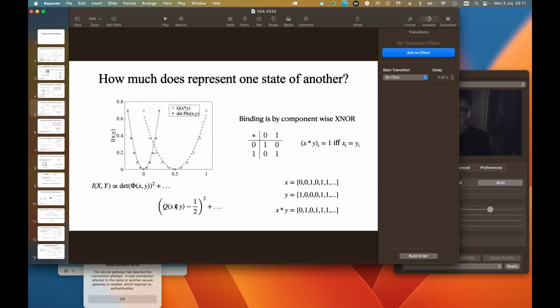Because this Q here, you can also write as the Hamming distance between x and y minus 1/2. This is precisely the same. Therefore, the mutual information between x and y equals the square of the Hamming distance. I found this very surprising.